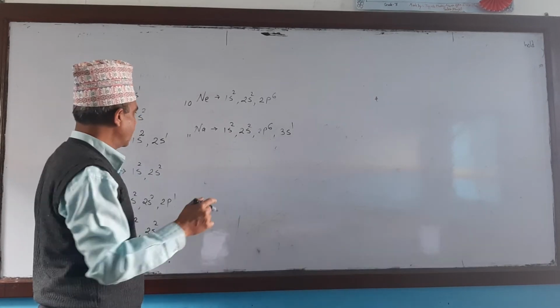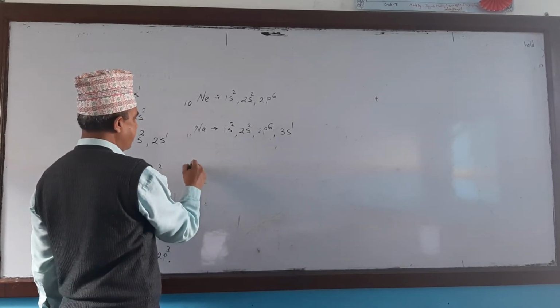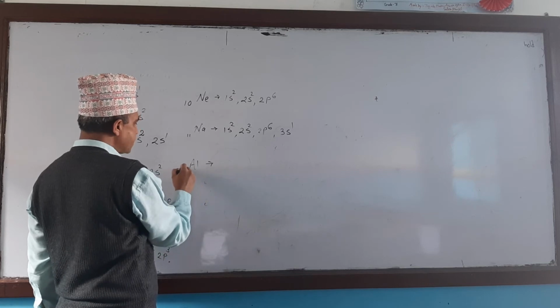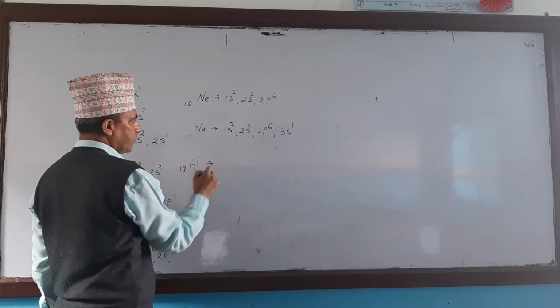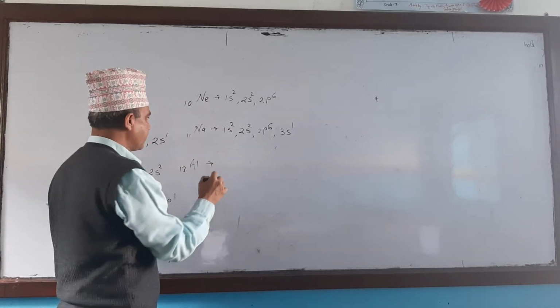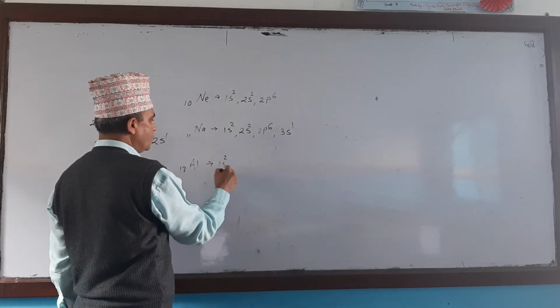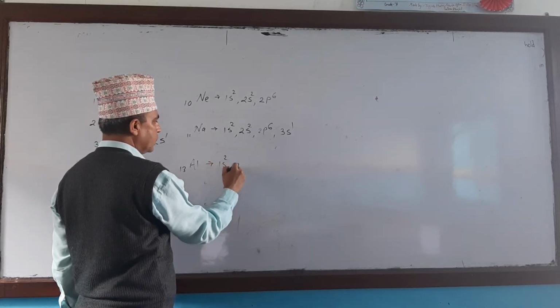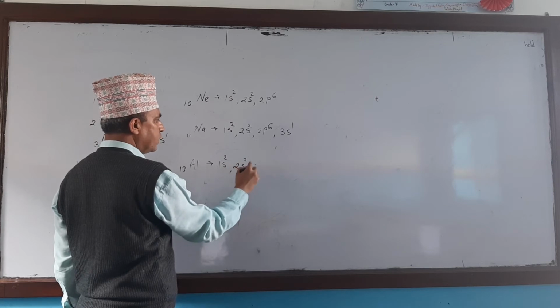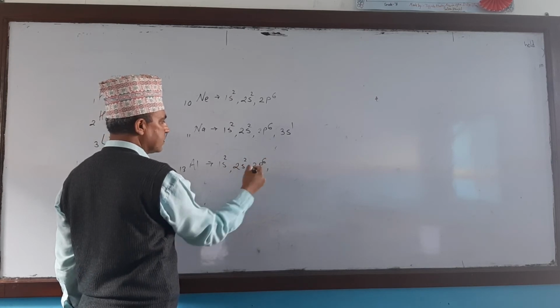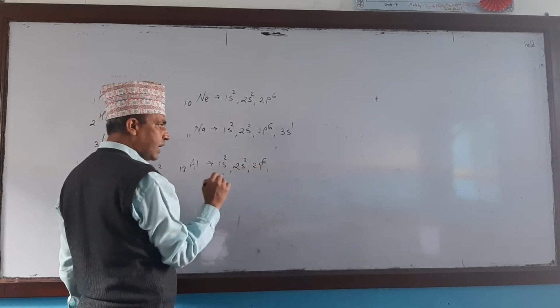Simple. Next, let's see aluminum. Aluminum is 13. What is the electronic configuration? 1s2, 2 electrons done, 2s2, 4 done, 2p6, 10 done, 3 are left.